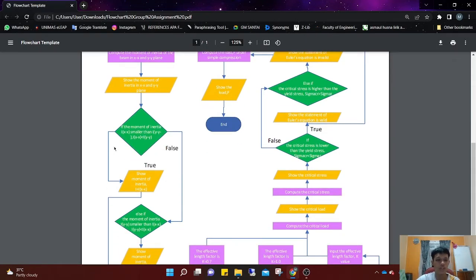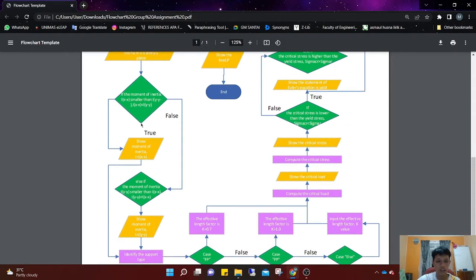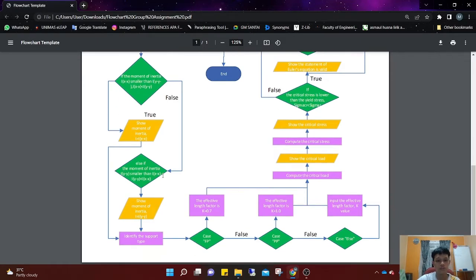If the moment of inertia Ix is smaller than Iy, then show moment of inertia I equal to Ix. And if the moment of inertia Iy is smaller than Ix, show the moment of inertia I equal to Iy. And then identify the support type.